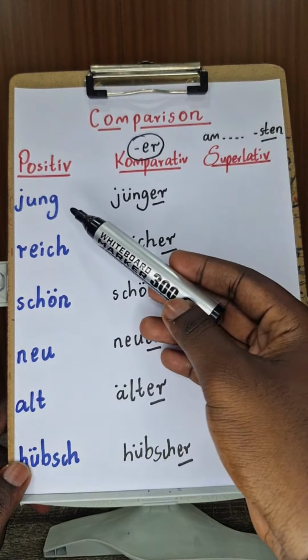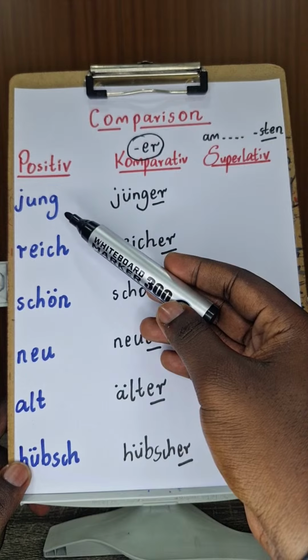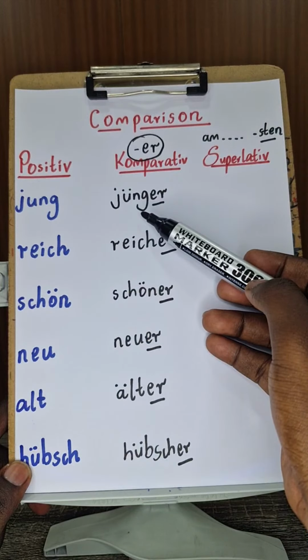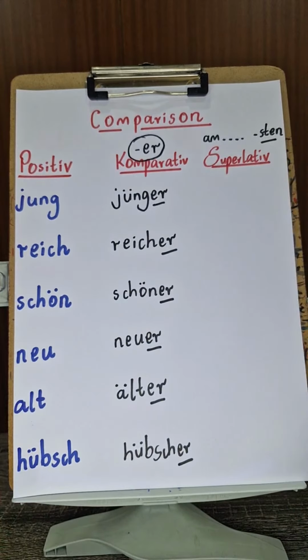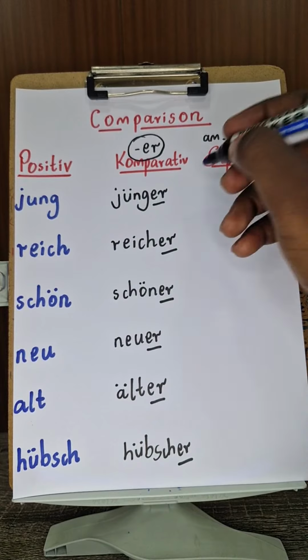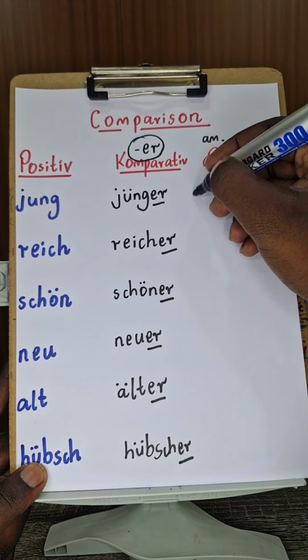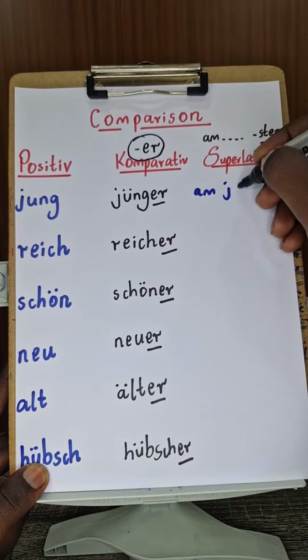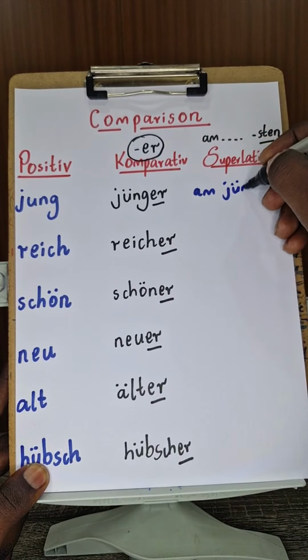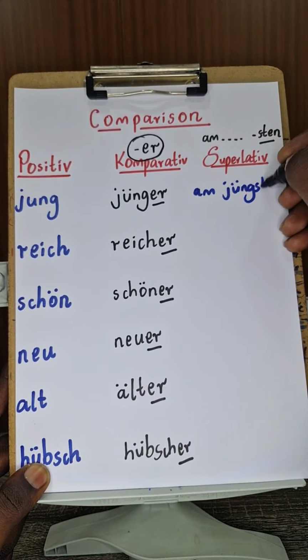So for example, there is jung, no umlaut, now becomes jünger, and then in the superlative, how does it become? Now I would say am. Look at this. Be careful with the spelling. So here you say am jüngsten with the umlaut. Kindly note the spelling. Jüngsten. All right.